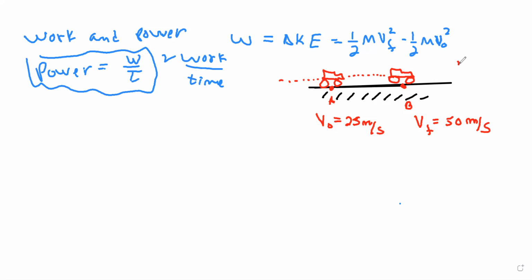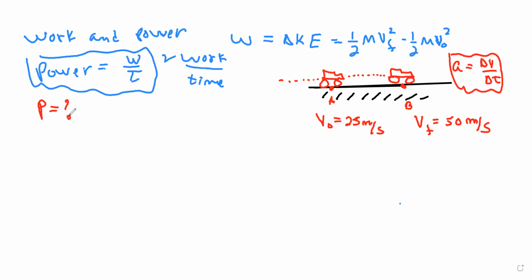That means there is some acceleration. Acceleration is going to be delta V over delta T. And as you can see, the velocity has changed. And they're asking us to find the power. What is the power for this increase in velocity?